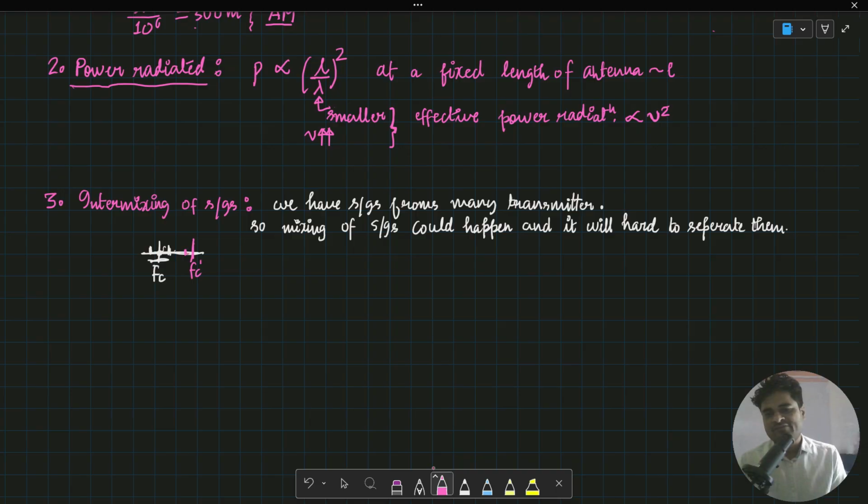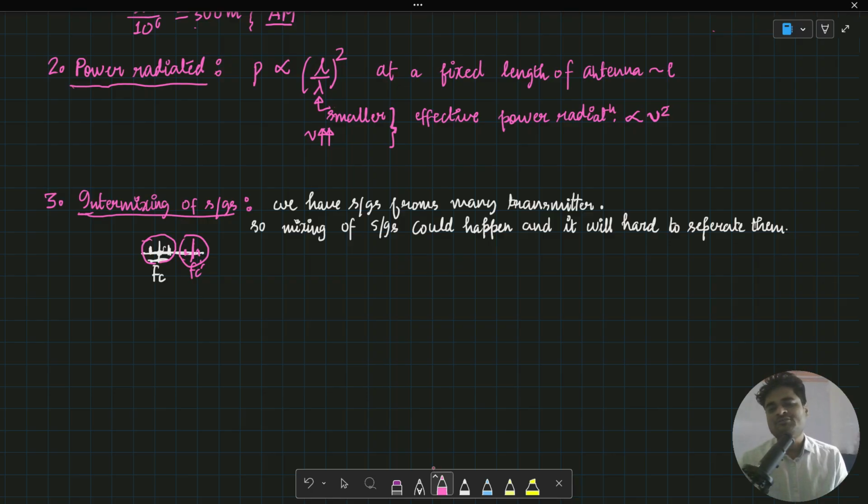So this signal is separate from this, so mixing will not happen. At higher frequency, this separation can be easily done. So as long as these frequencies are away from each other, different signals from different transmitters can be received at the receiver end without mixing of the signal.